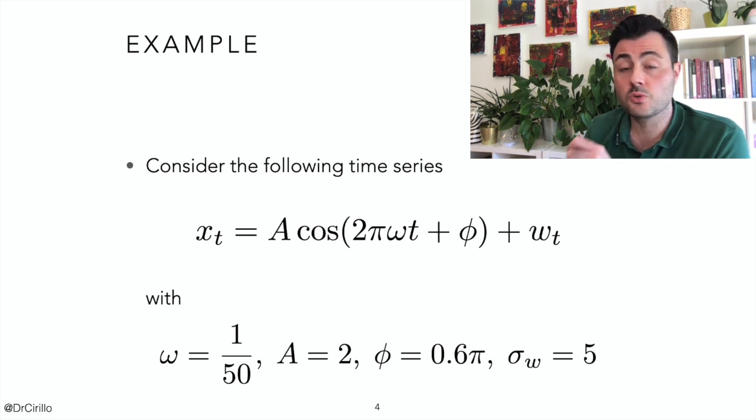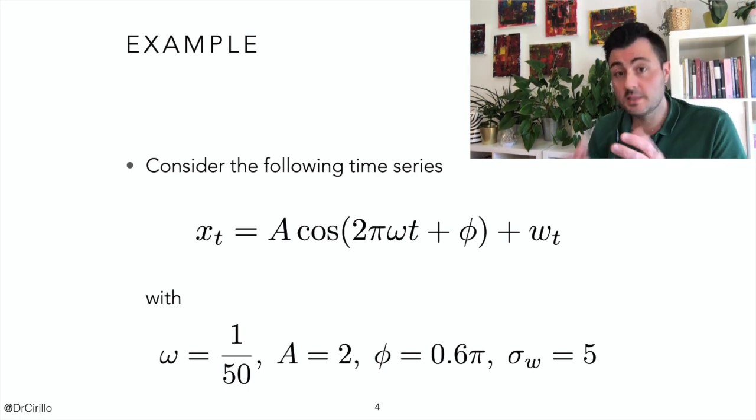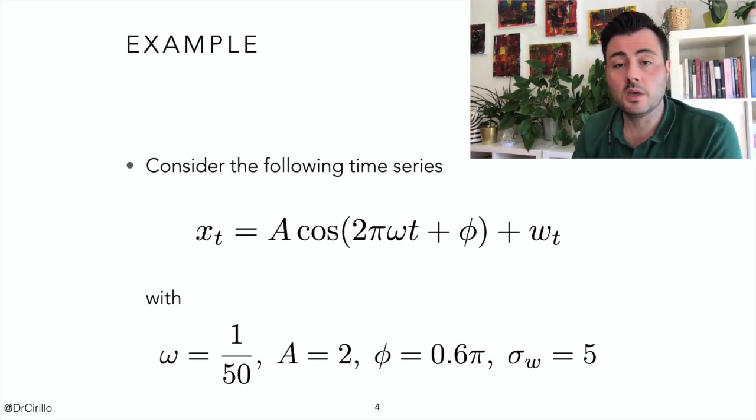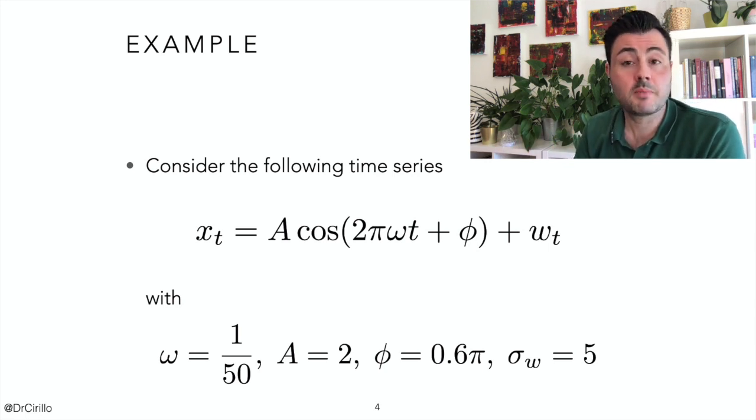But I think it is already interesting if you can spend some minutes analyzing this example. One thing that I want you to notice is that this time series here, since we know explicitly the form of the season, can be actually transformed in another time series that we can somehow easily estimate using regression. It is just a matter of using the properties of trigonometric functions.